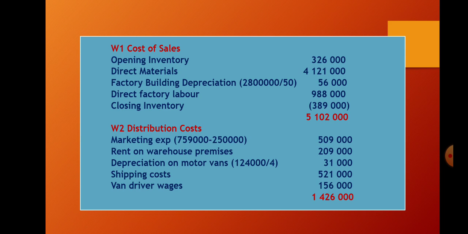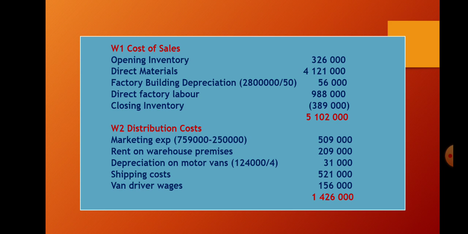As I told you, we need to take cost over estimated life of asset, which is 2,800,000 divided by 50 years, that is 56,000. The next, direct factory labor and closing inventory should be deducted. Then you will be getting 5,102,000, which is the total cost of sales.